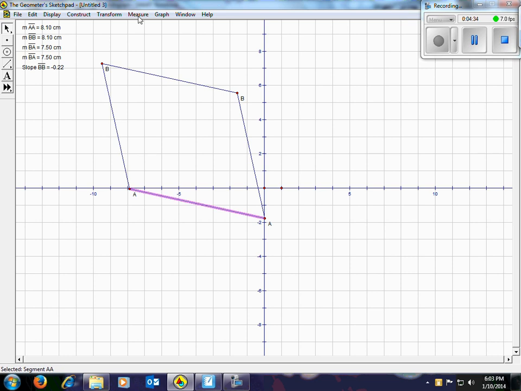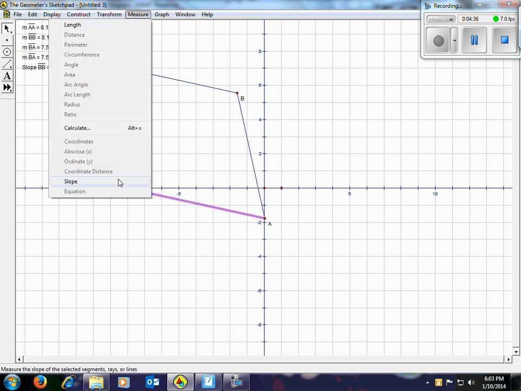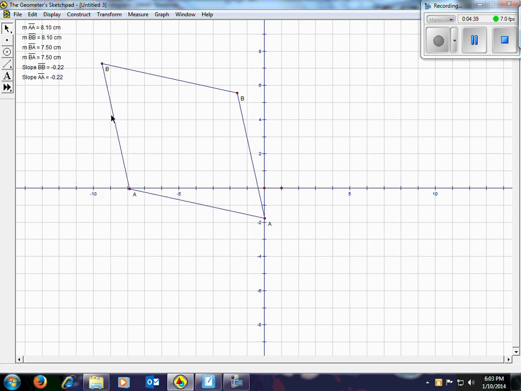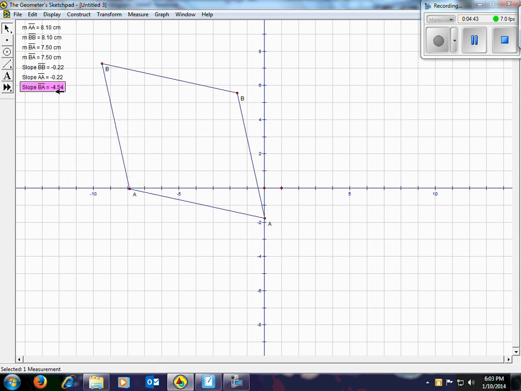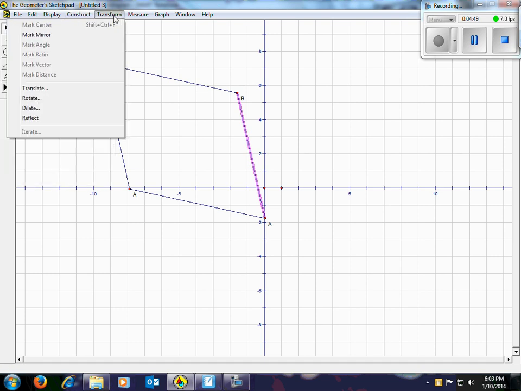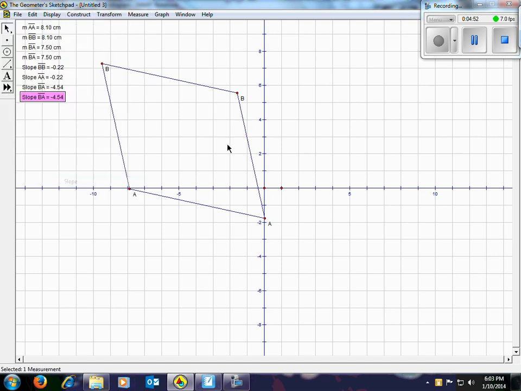This slope here, again, negative 0.22. This slope is negative 4.54. And again, this one should be the same, 4.54. So this proves to you that if I have two parallel congruent segments, then I can have a quadrilateral that is a parallelogram no matter what.